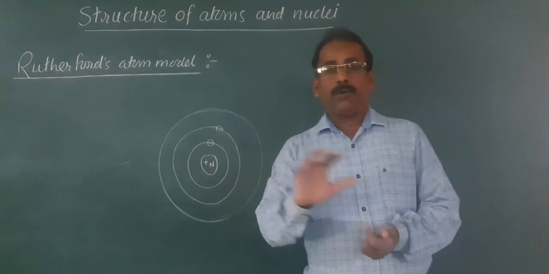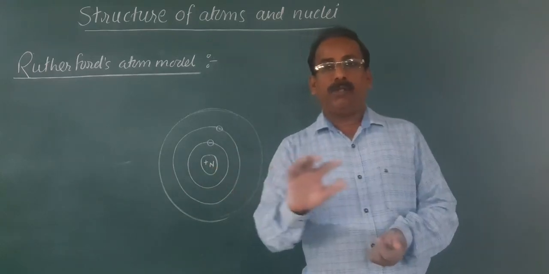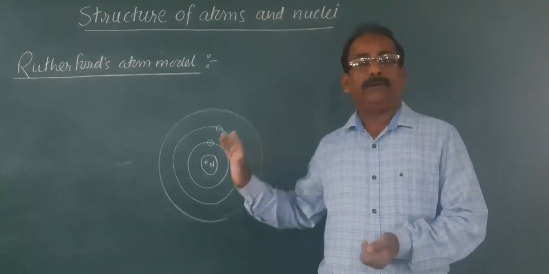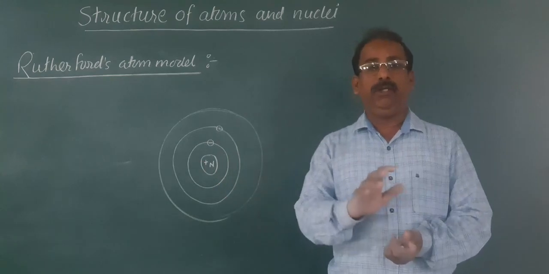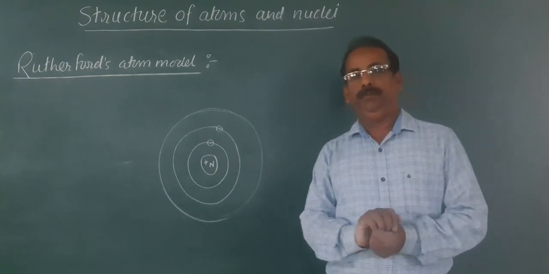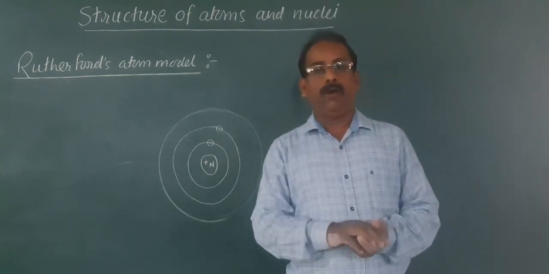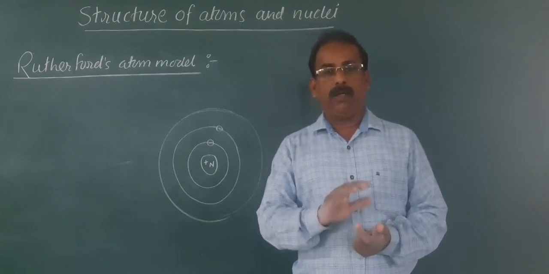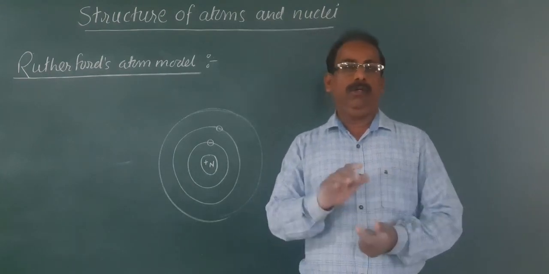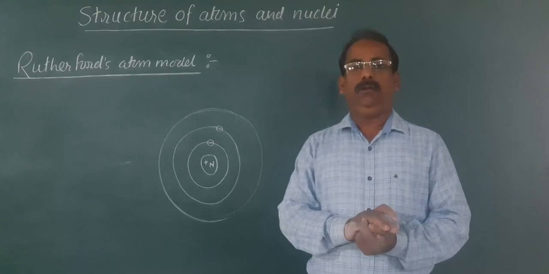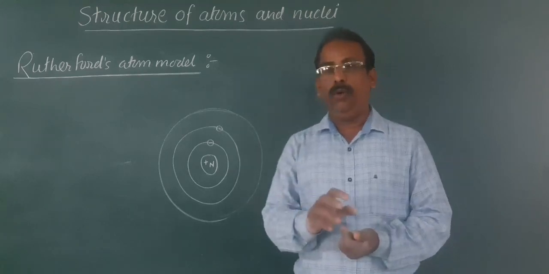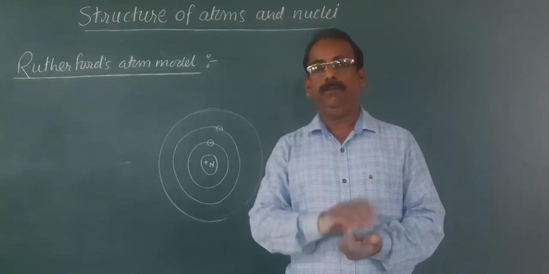The number of electrons revolving around the nucleus is always such that the atom as a whole behaves electrically neutral.